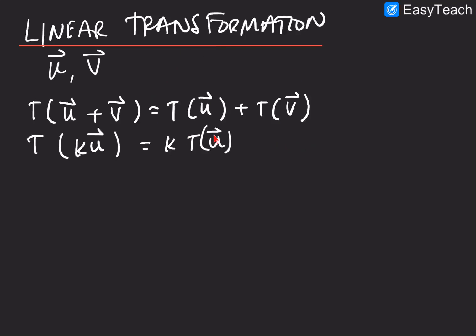If they can be in this format, that checks. They also have to be in this format, where if you multiply the k to the u, you can also take out the k, and it would still look the same. So after it meets those conditions, the transformation is linear.